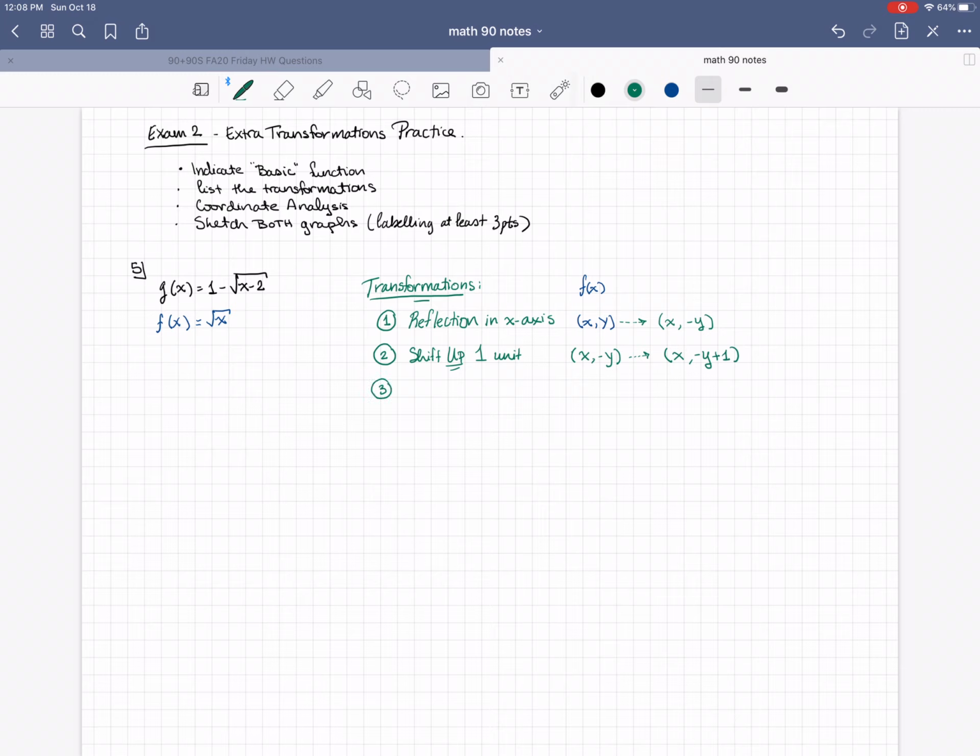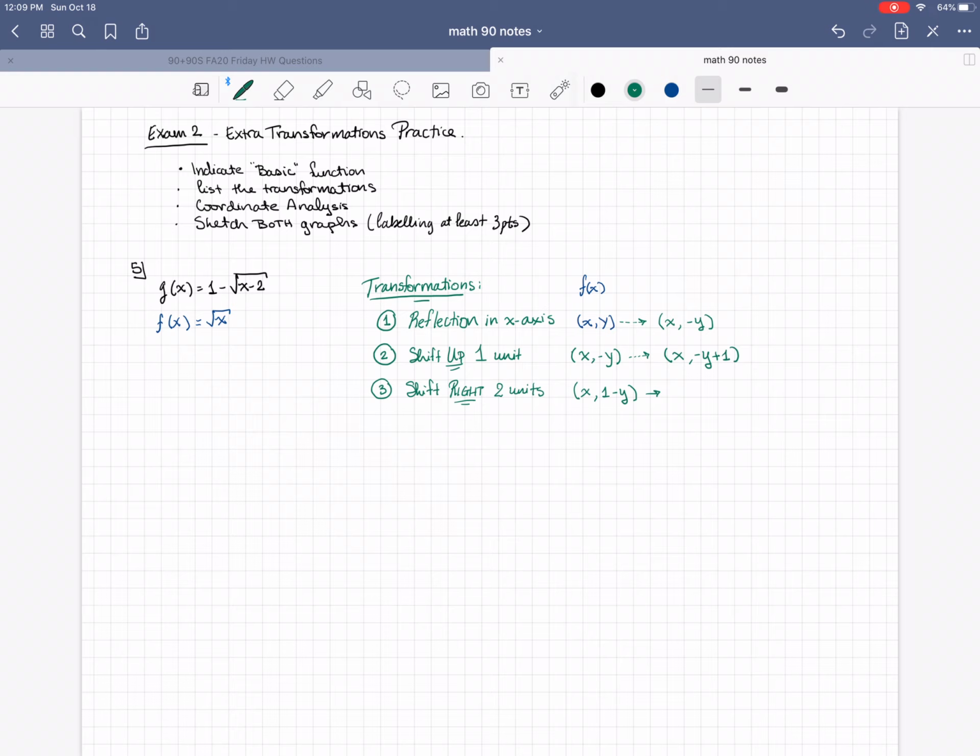Third transformation. So now we're talking about this minus 2 on the inside. So that's a shift, say it with me, right 2 units. Okay, so again, we're starting at x comma negative y plus 1, but I'm writing it as x comma 1 minus y because it's a little neater.